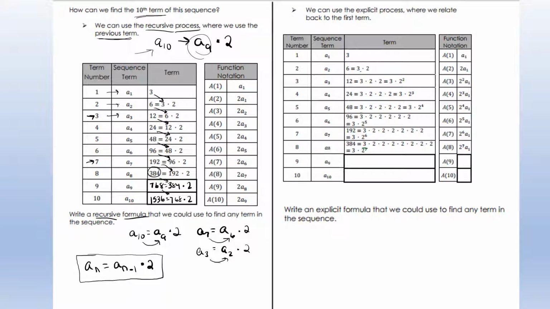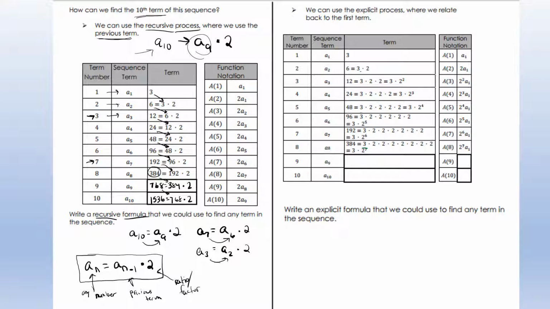To find any number, we need to take the previous term and multiply it by our ratio, or our common factor.